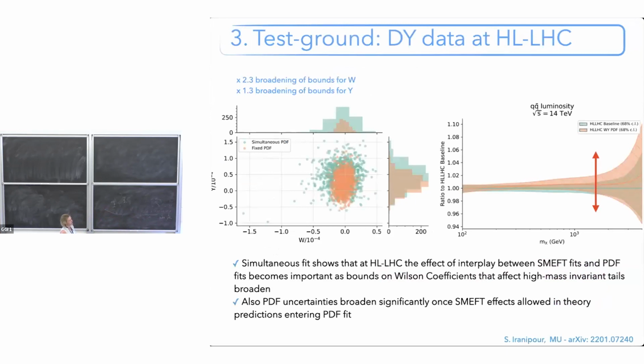We found that the problem is that you can always do it for some test scenario; you cannot do the whole SMEFT plus the PDF. So you can always restrict yourself to some kind of new physics. But if there was some new physics that shows up in the Drell-Yan tail, as we can imagine from the other fit, you would have a much larger PDF uncertainty when you do a simultaneous fit and larger bounds for the Wilson coefficients.